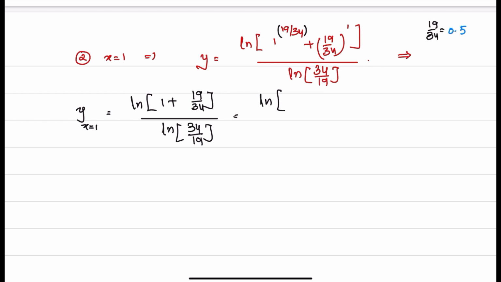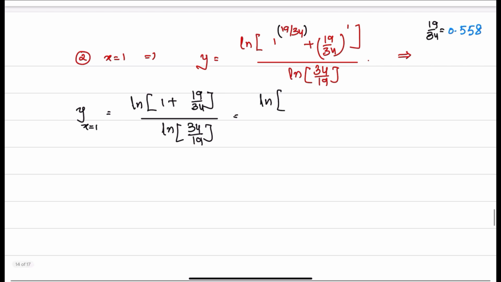There is no problem. 34 fives are 170, and so on. 19 by 34 up to 3 digits is 0.558. That we can easily find out without a calculator.